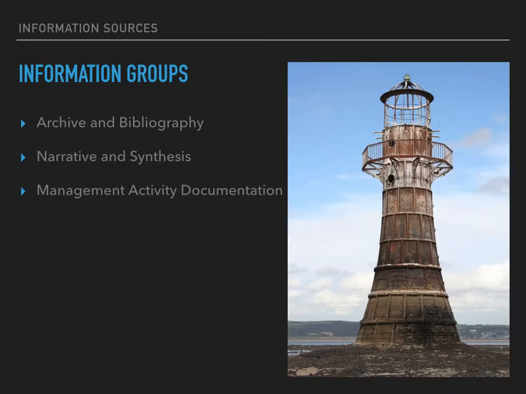The information groups for this theme are, again, pretty straightforward, so for the sake of time, I won't dig too deep, but essentially they provide the user with links to other resources about the heritage asset. Management activity documentation provides the user with information specific to any factors affecting the condition and survival of the heritage asset.